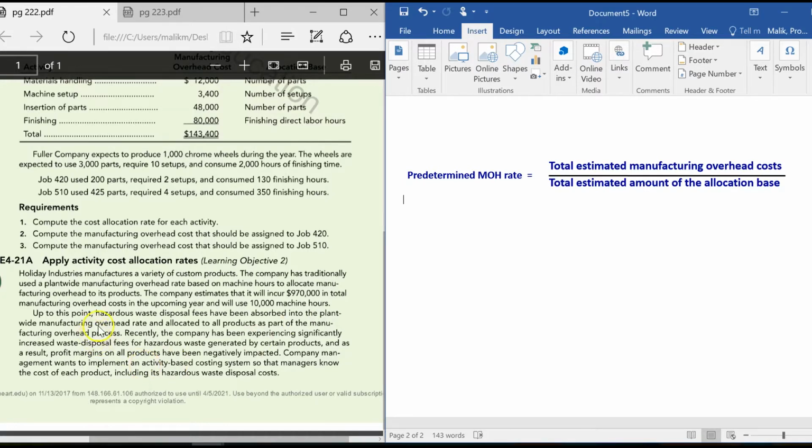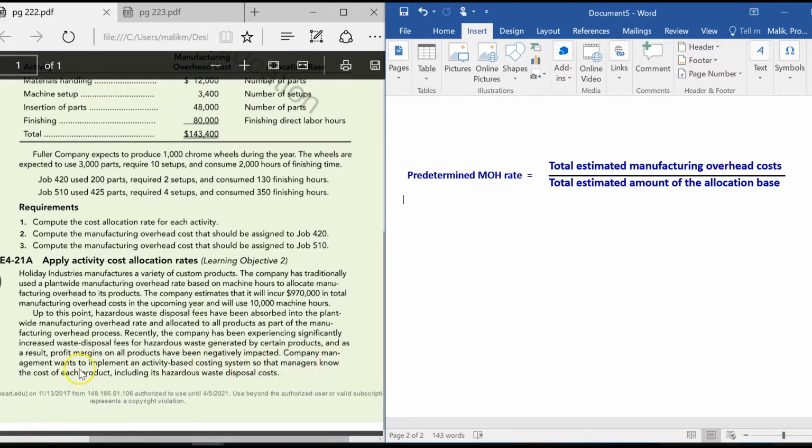Now the company figured out that they are experiencing significantly increased waste disposal fees for hazardous waste generated by certain products. And as a result, their profit margins on all products have been negatively impacted.